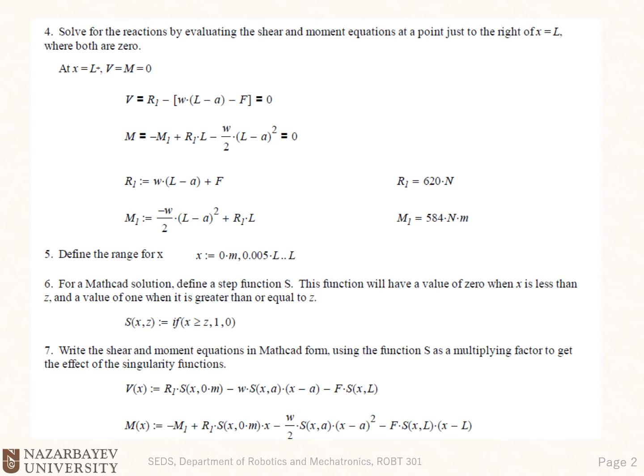Okay, now is basically the time to plot them. You could use any software. Here in the solution of the book, they use MathCAD, but you don't have access to that, so you could use MATLAB. For the whole length of the beam, which is from 0 to L, you could just substitute the values of x, find V and M, and plot them.